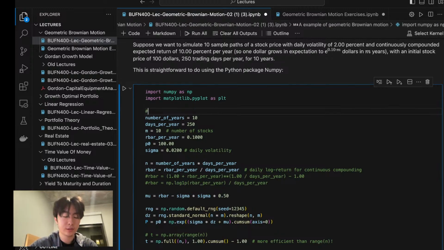Okay, so these are the parameters that are input into our model.